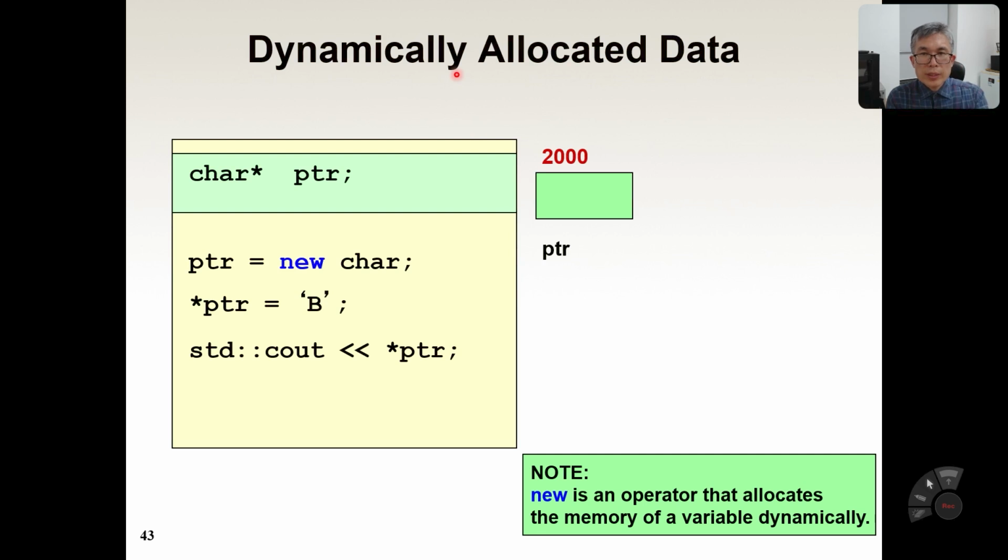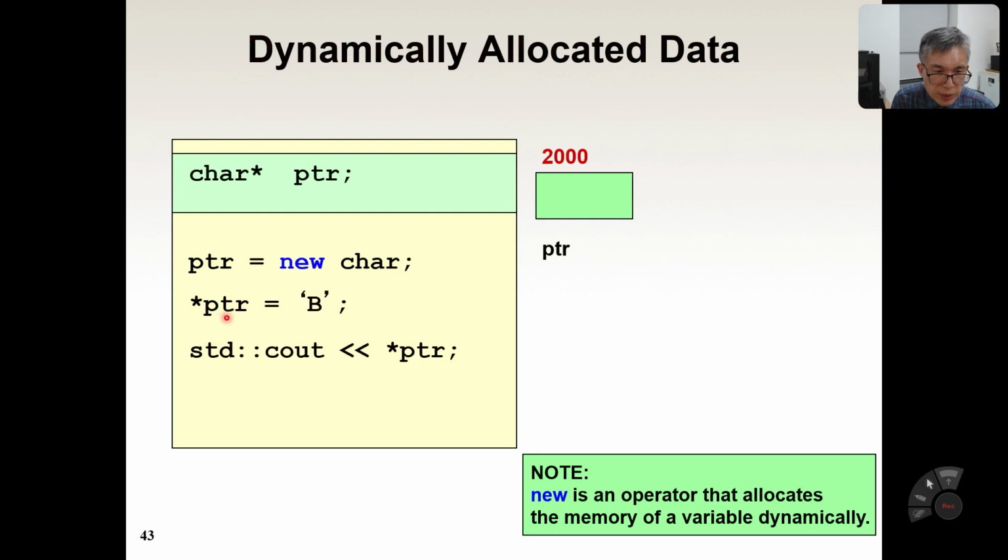Dynamically allocated data. We declare a character pointer ptr, so we can create this box. Inside the box, the value can contain a character variable's address. The new operator allocates the memory of a variable dynamically, so an unnamed variable is created, and ptr can point to the unnamed variable.